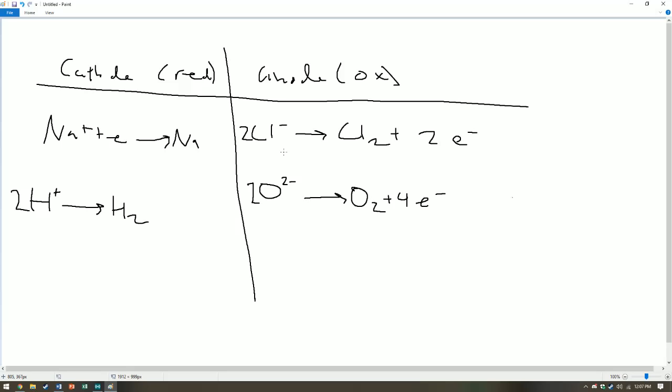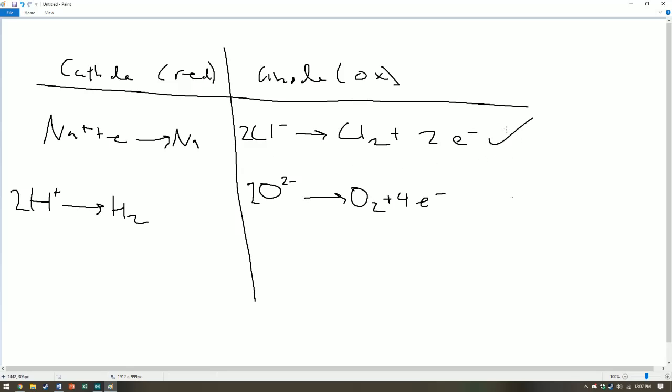But what you want to do here is know your periodic trends. Since chlorine is in a lower row than oxygen, it means that its ionization energy is lower and its electronegativity is lower when compared to oxygen. So this is what forms at the anode.